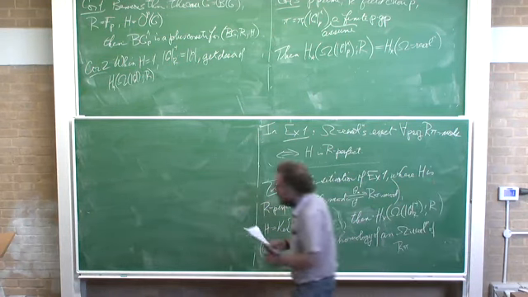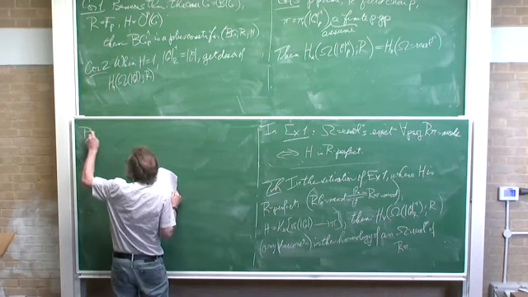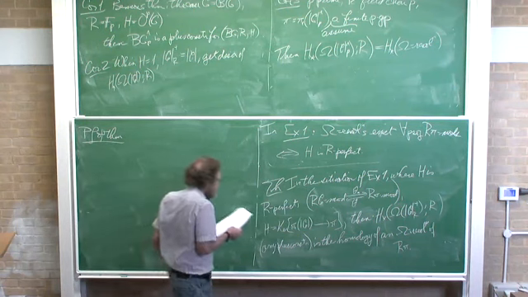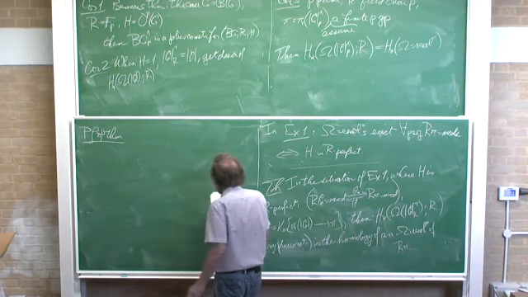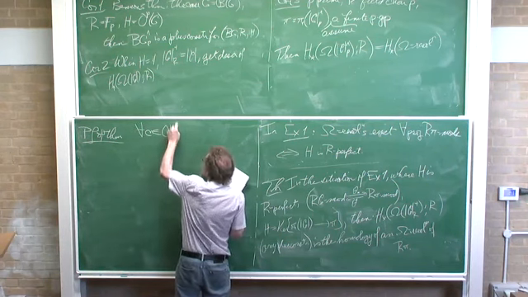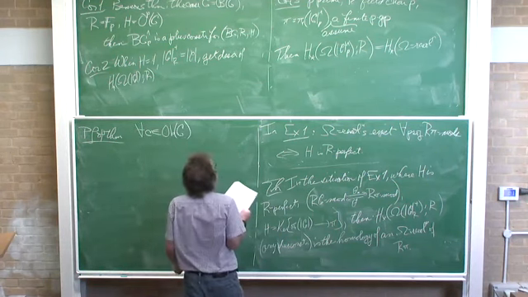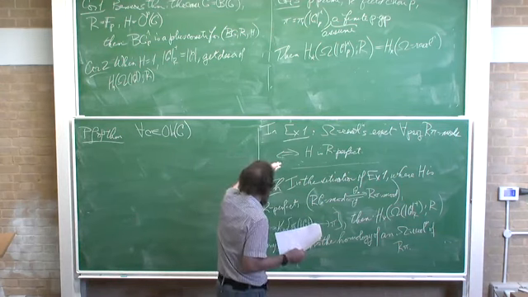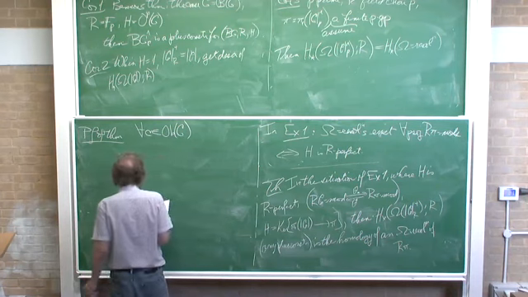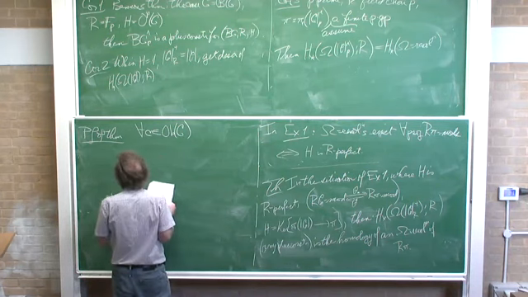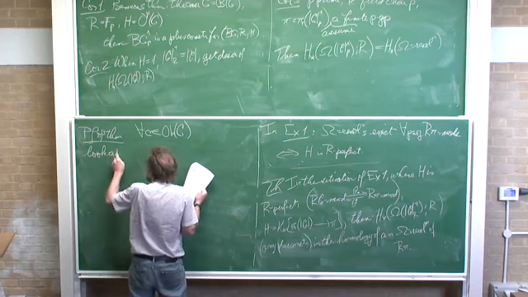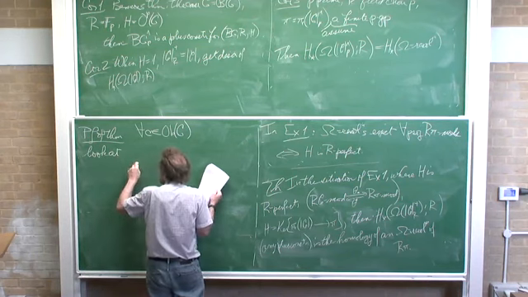Okay, so for each object in C, we're in the situation of this theorem. We have a pullback diagram of simplicial sets.